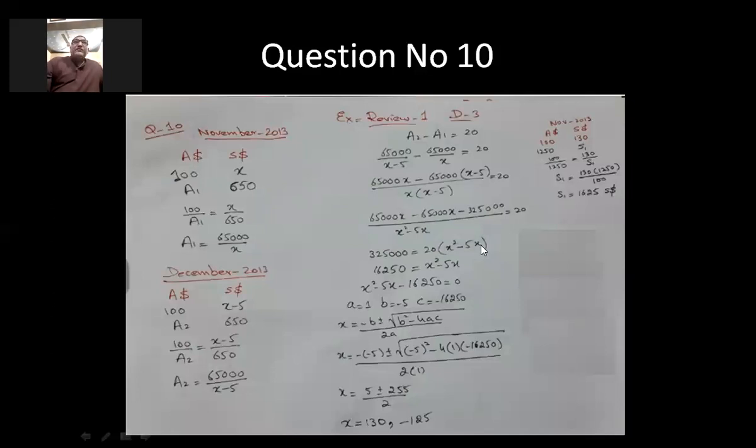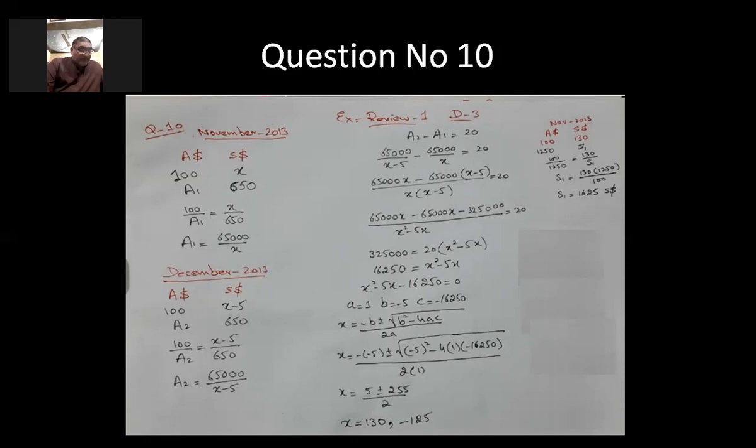Okay, so listen carefully to the story. I'm going to read the whole question and then we will start solving it. In November 2013, the exchange rate between Australian dollars and the Singapore dollars offered by a money changer was 100 Australian dollar is equals to X Singapore dollars. In December 2013, the exchange rate offered was 100 Australian dollar is equals to X minus 5 Singapore dollars.